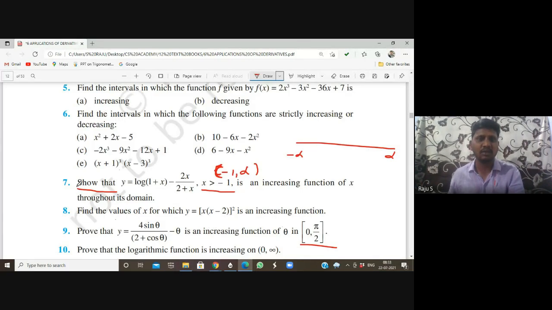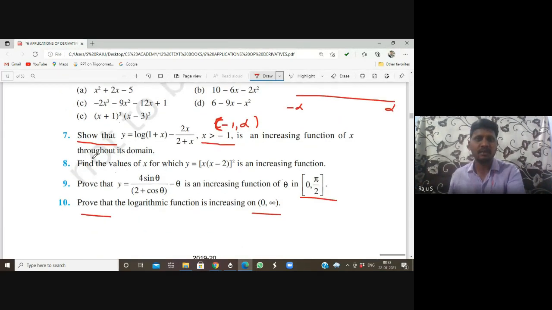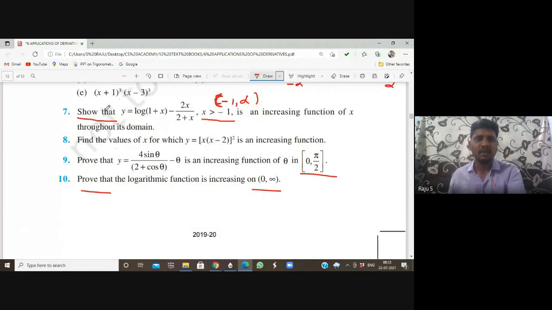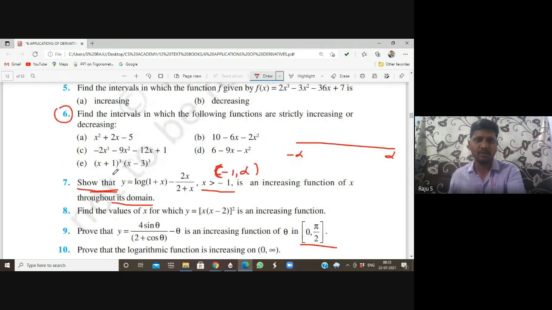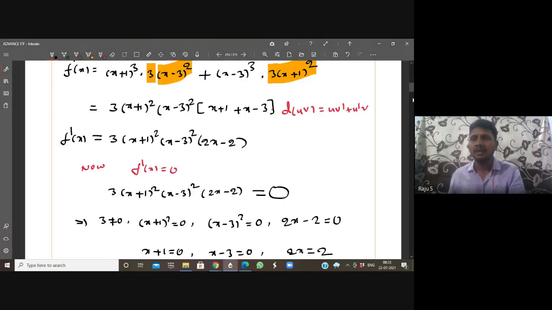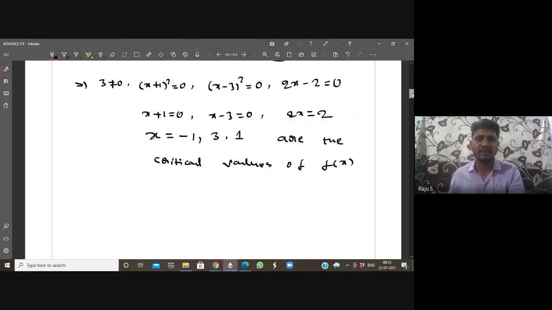In this question, they did not give any interval because they do not ask show that. Simply they are asking the interval in which the function is strictly increasing or decreasing. For that, we have to take the interval as the real line.